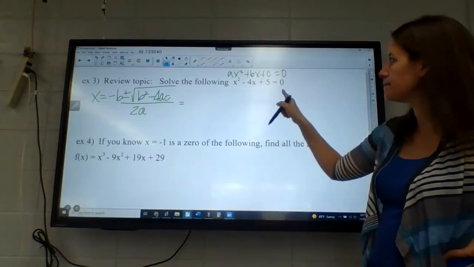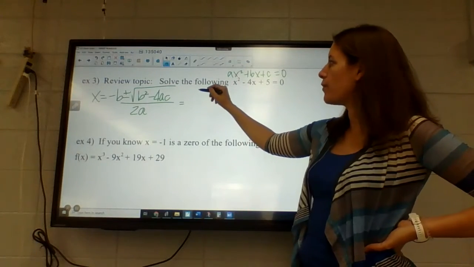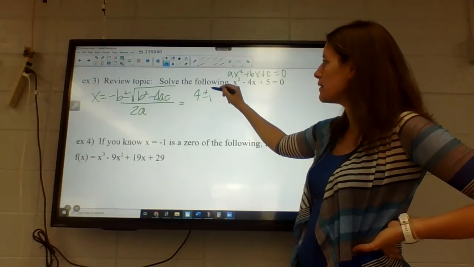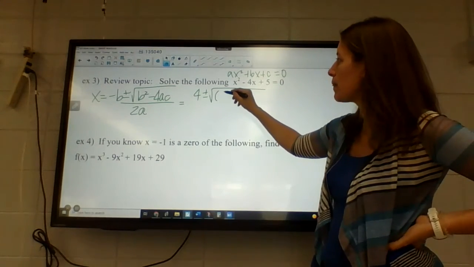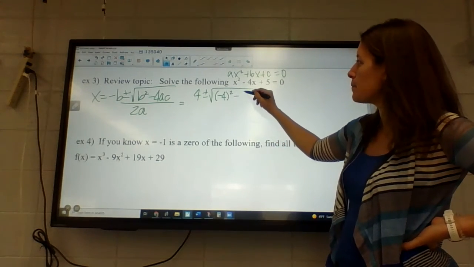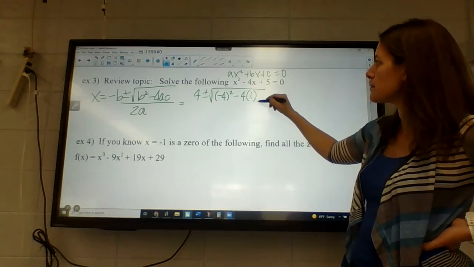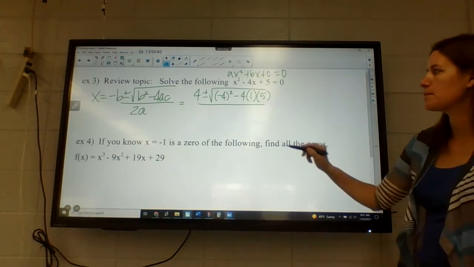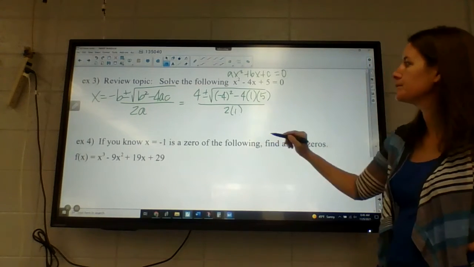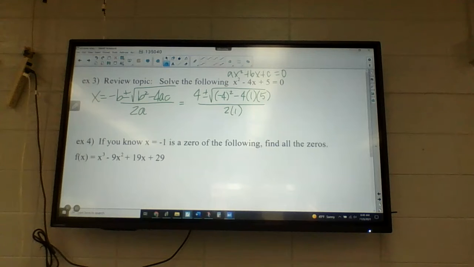I'm going to put all this in. So -4 becomes +4, opposite of B. You guys, I know you've seen this before, it might have been a while, but then I have -4 squared minus 4 times A times C all over 2 times A. So if you're ever stuck, you can't factor, or you just can't find the factors, quadratic formula works nicely.